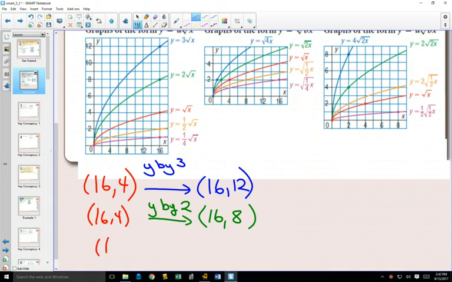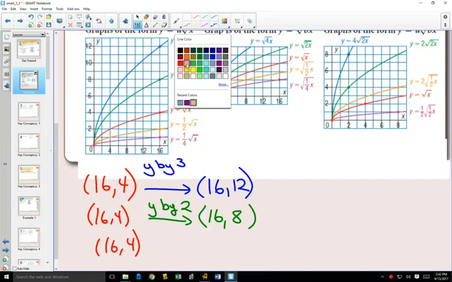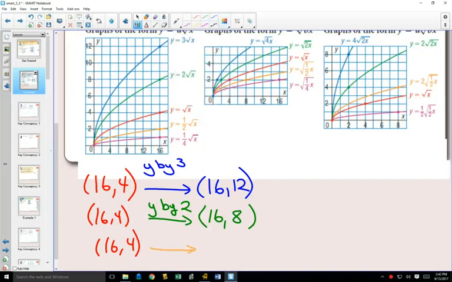In our next one, 16, 4, in the orange one, where is that point on our graph? It is at 16, 2. That half in front, sure enough, you've multiplied your y value by a half.